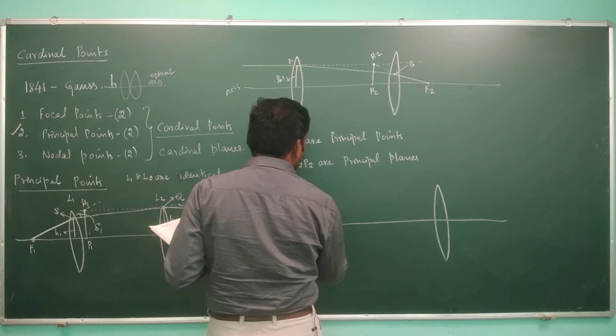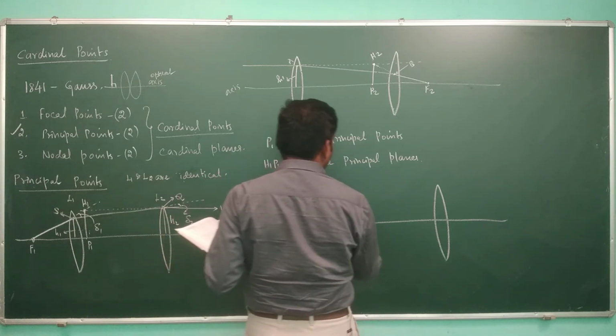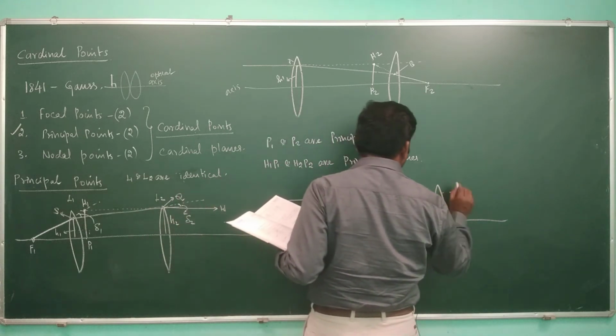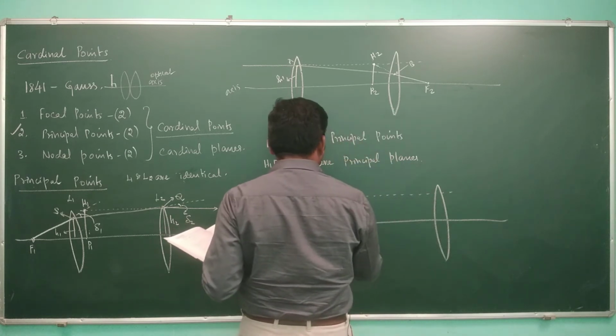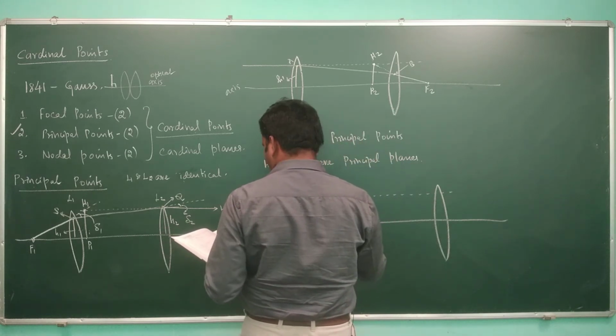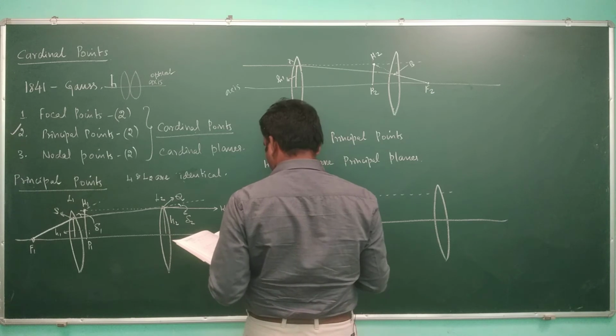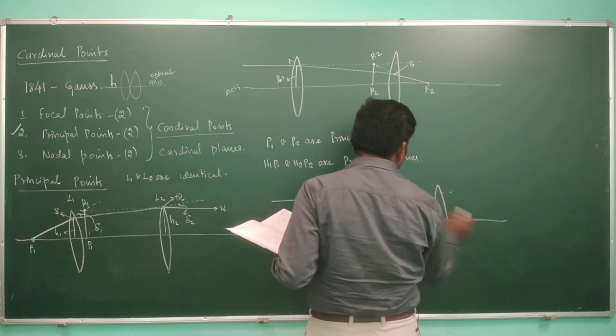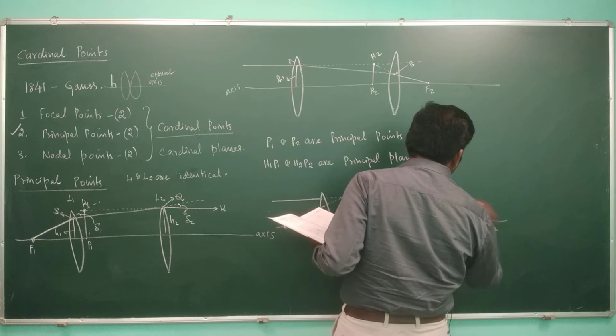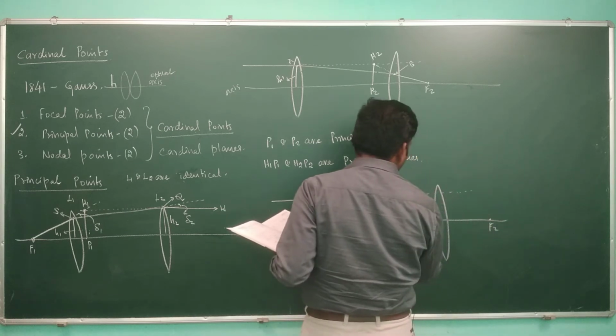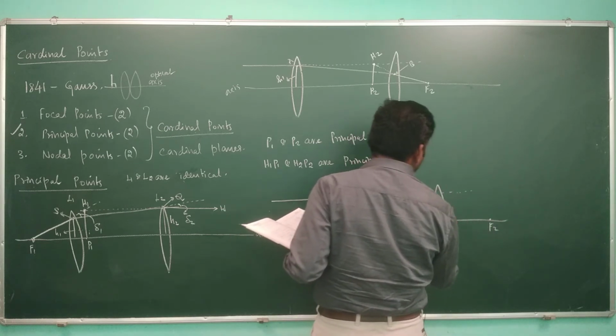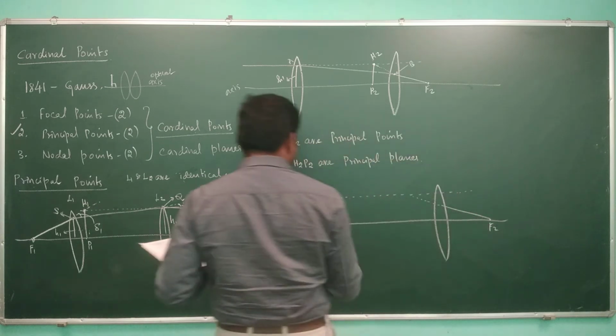You can draw these rays like this, and this ray will touch here, and similarly this is F2 and this ray goes like this.